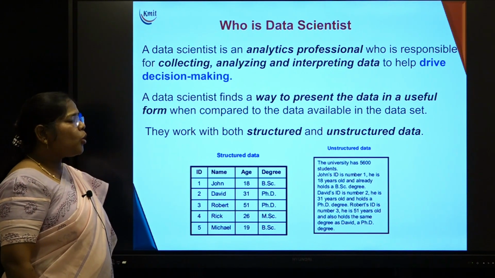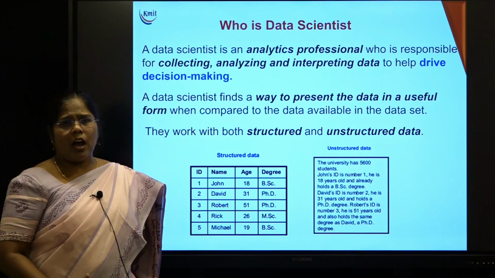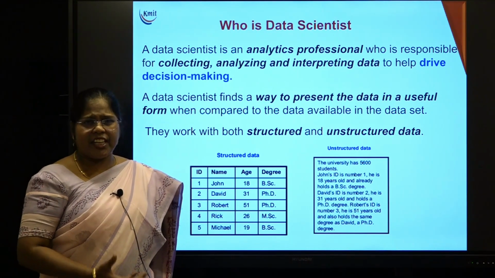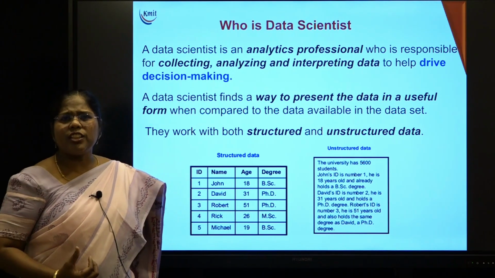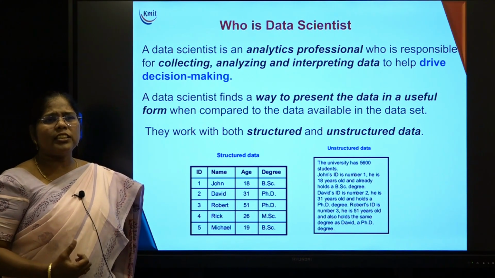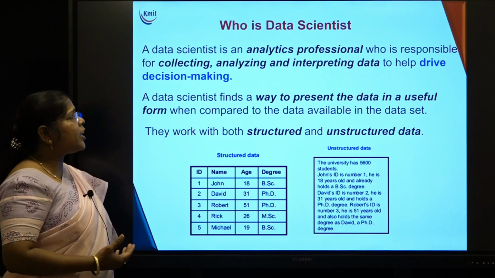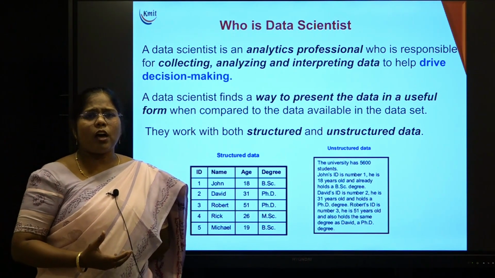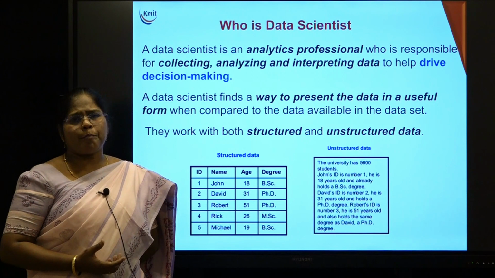When we have a lot of data, structured or unstructured, we need to structure the data and analyze the data such that we can interpret it and make decisions for problems.